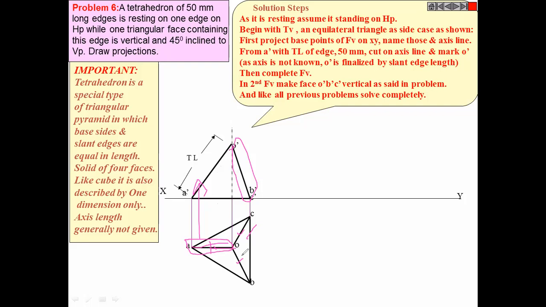Understood? I asked you initially why we drew it like this. This is the answer. It is not only this, it is this also. Clear or not, first of all? Yes, sir. Okay. So that is how we got this point O after projection.